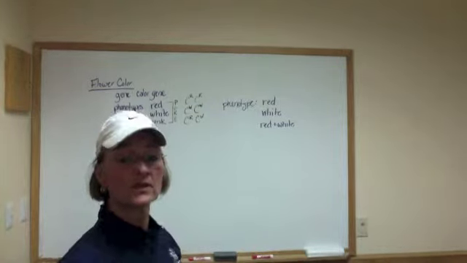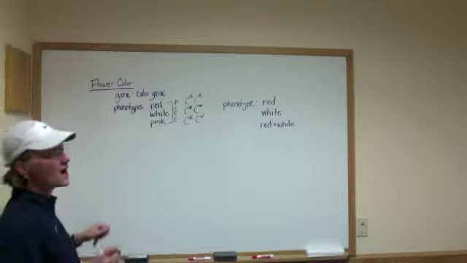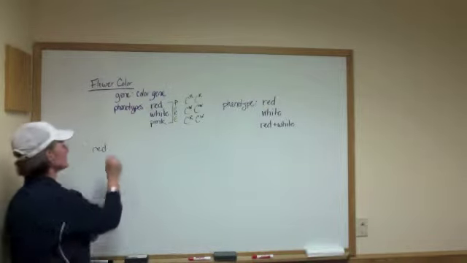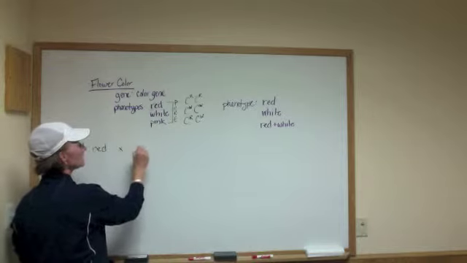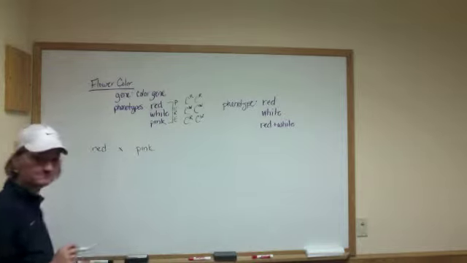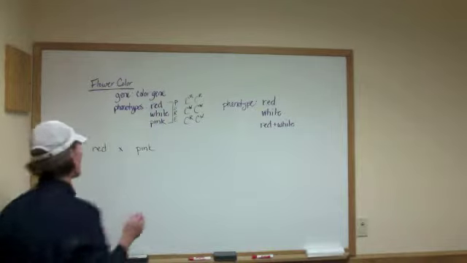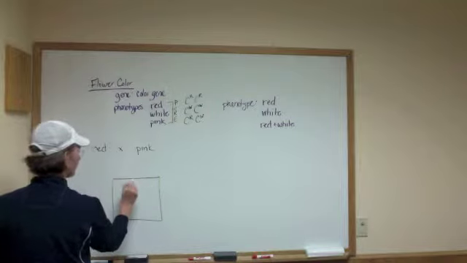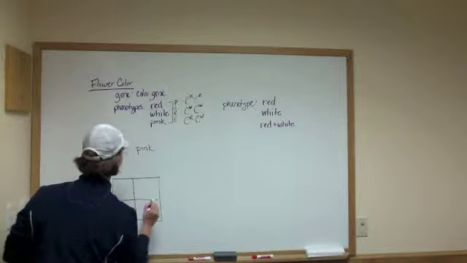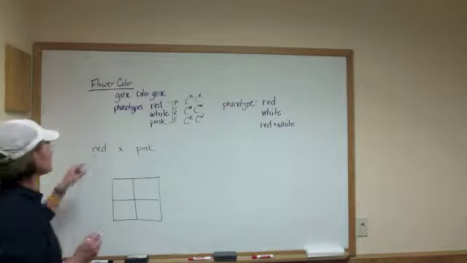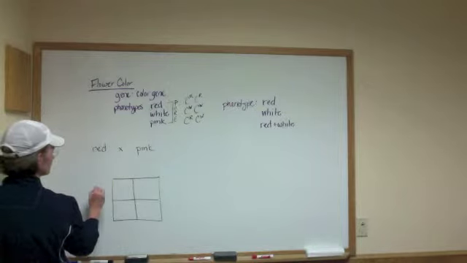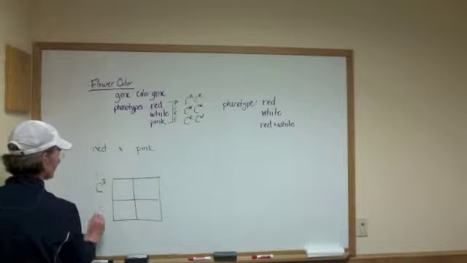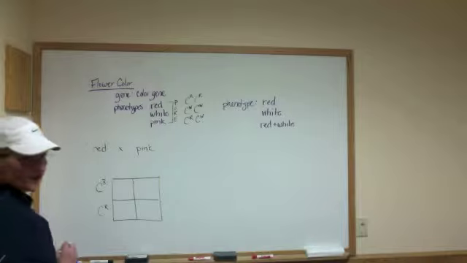And so what I would like to do is follow the genetics of a red flowered plant crossed with a pink flowered plant. And when we take a look at that, we're going to use a Punnett square. And we're going to say, okay, well, this red plant can create sex cells that carry the color gene for red or the color gene for red.